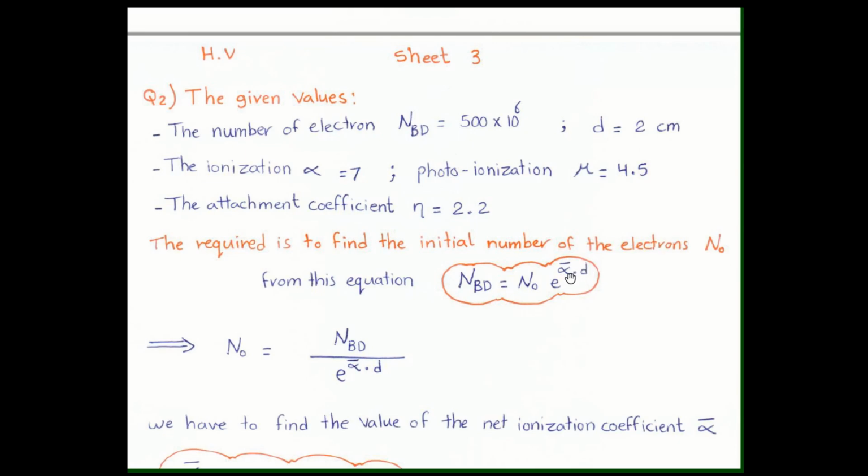So this symbol here is for the net ionization. From this equation, we can play with it and we will get N0 equals NBD divided by e to the power net ionization into distance.